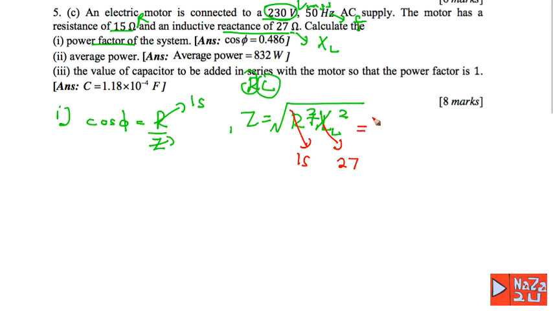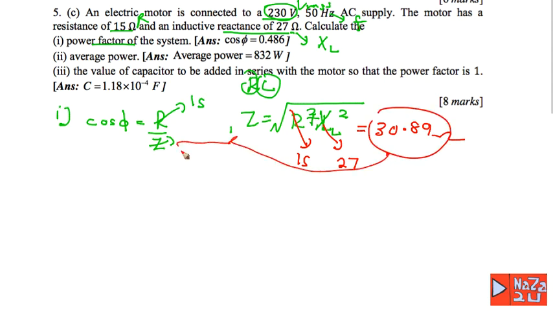Using the calculator, the value of Z is equal to 30.89 ohm. Using this value of Z in the equation, you can find the power factor is equal to 0.486.